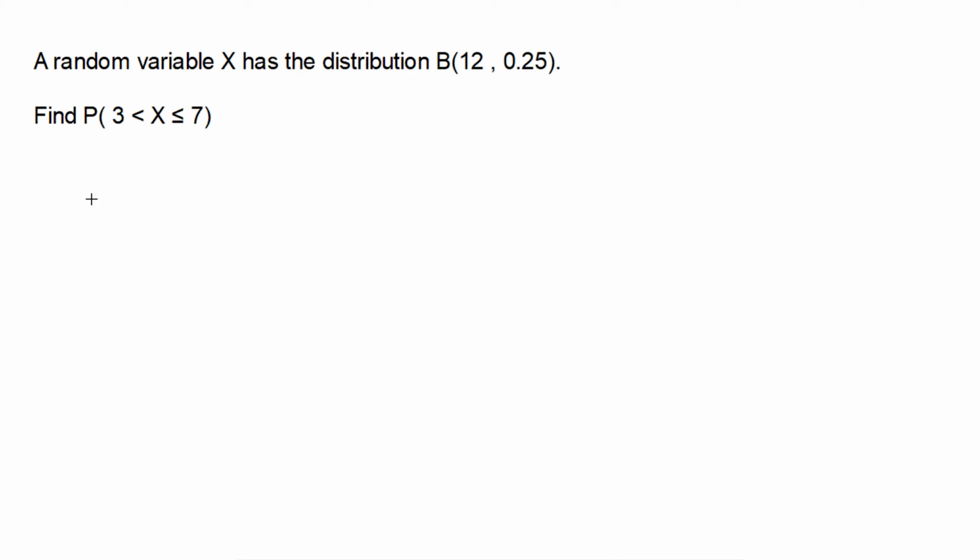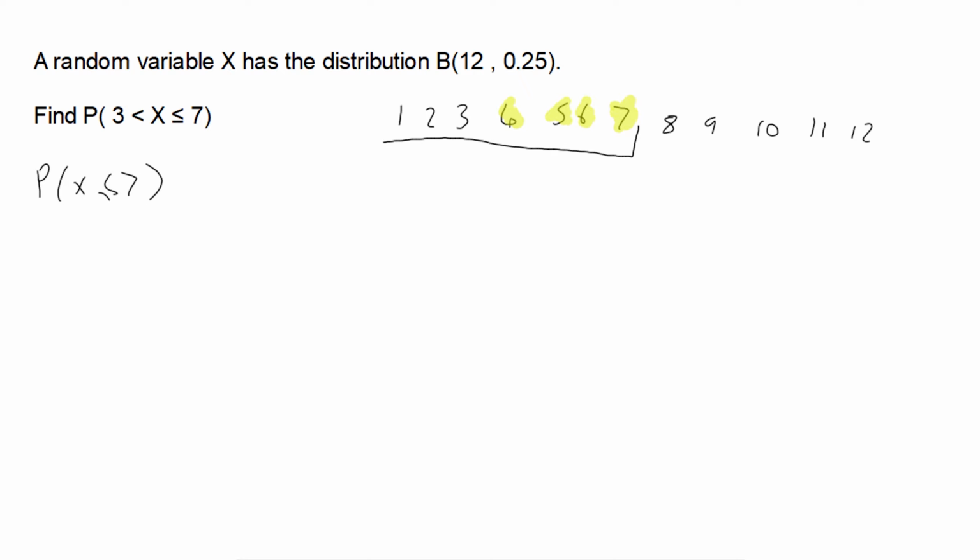So if we've got our values, that's the result, 12 trials. Now we want a success of 3, of x to be greater than 3. So that's 4, 5, 6, and we want 7 to be included. Now, when I work out the probability of 7, it's going to find me all of that.